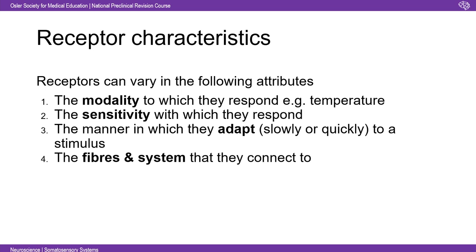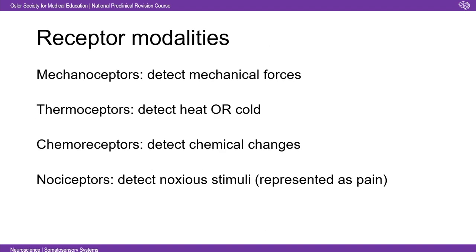And as I've been alluding to, the fibers that carry these impulses from different receptors differ, and that then feeds into different systems. So as I touched on, we're going to focus on the dorsal column system and the anterolateral system. Just briefly, be aware that there's lots of different receptor modalities.